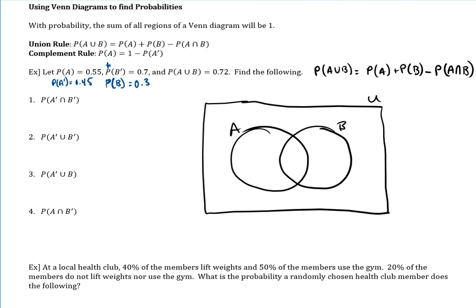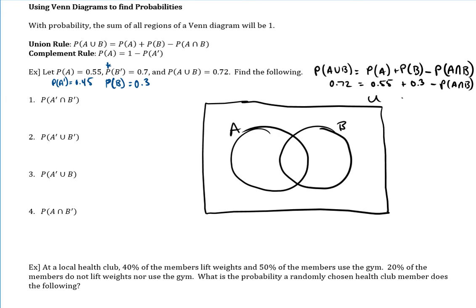I want to set that up too, and one of the reasons I like to do that is to see if I have everything, and we do. We have the 0.72 equals the probability of A, the 0.55, plus the probability of B, the one that we found in the hidden information, 0.3, and then minus the intersection. Once we get that intersection, things are going to be real good for us.